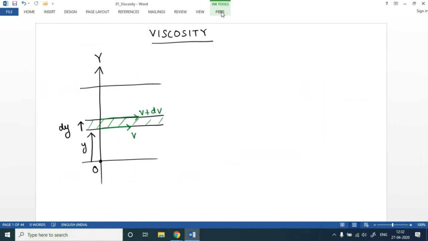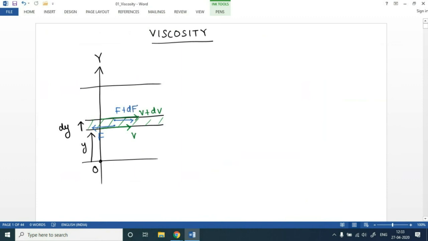So what will happen? The lower layer will try to oppose its motion and it will experience a force F, let's say, in the backward direction, and the upper layer will try to drag it in the forward direction. So it will be applying some force, let's say F plus dF over here.